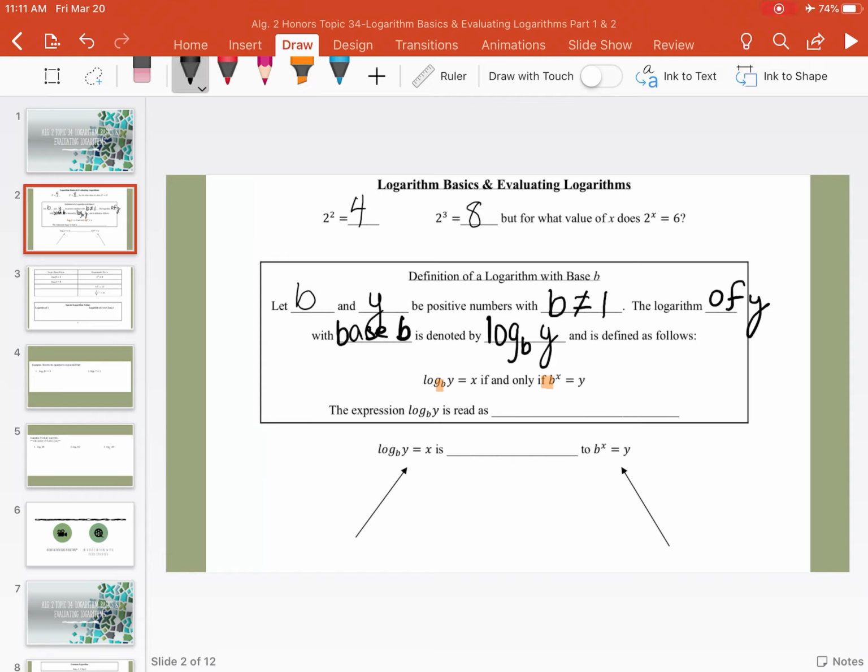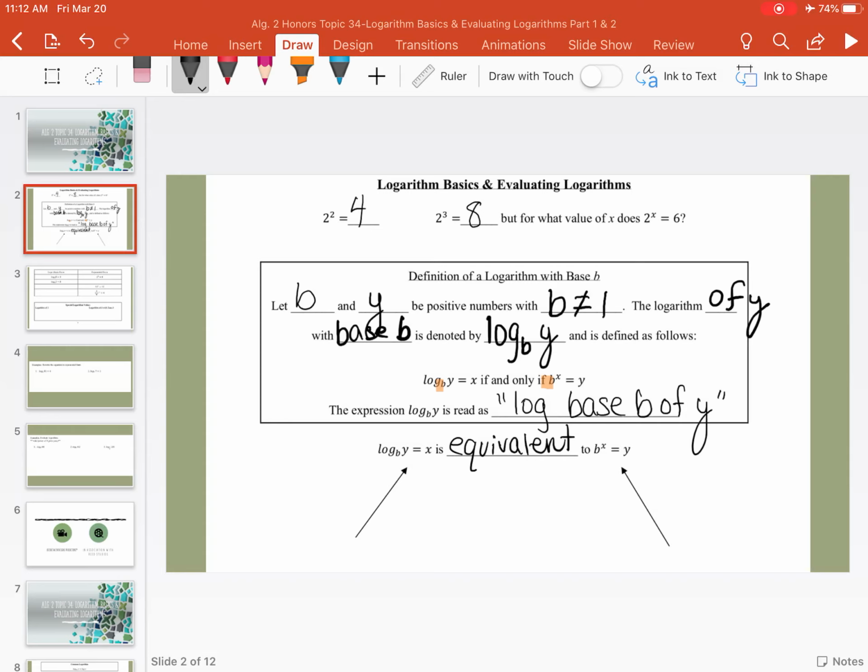So we would read this expression, when you're talking about logarithms to all your friends, as log base b of y. And log base b of y equaling x is equivalent, so it's the same, to b to the x equals y.